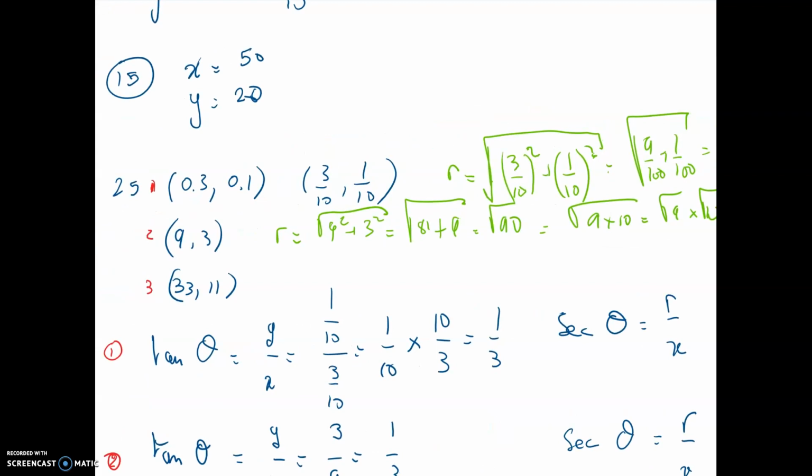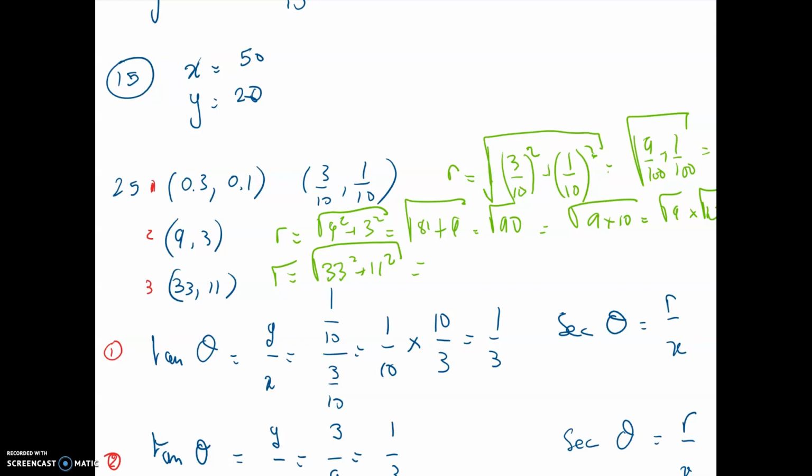Finally, for the last one, the value of r is going to be the square root of 33 squared plus 11 squared. What is 33 squared?